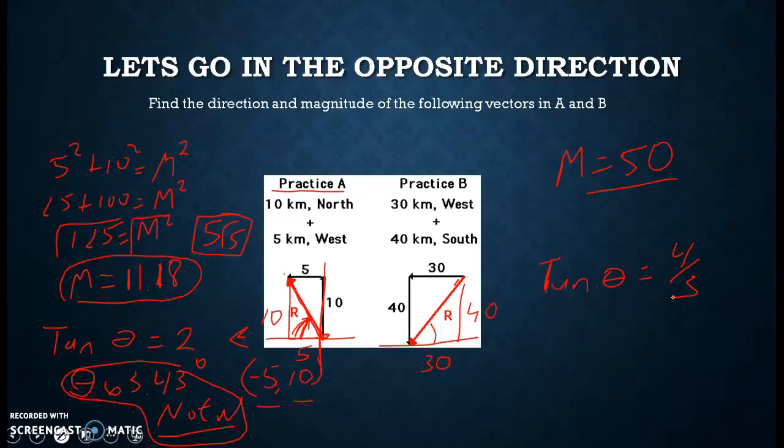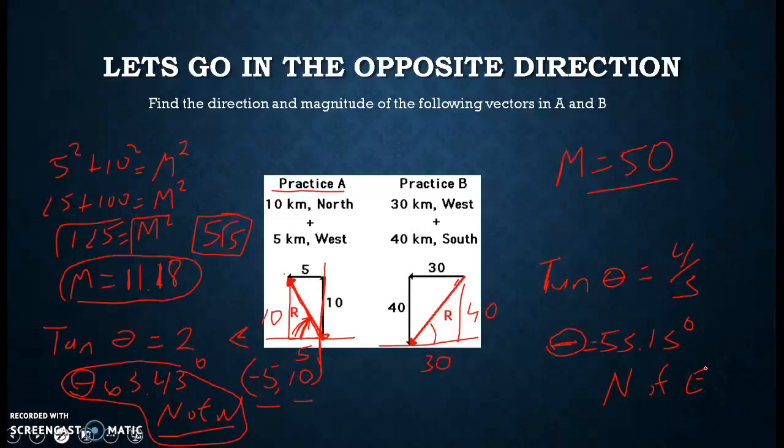And so then if I go the inverse tangent of 4/3, that gives me an angle measure of 53.13 degrees. So that means theta is 53.13 degrees, and I would say that's north of east.